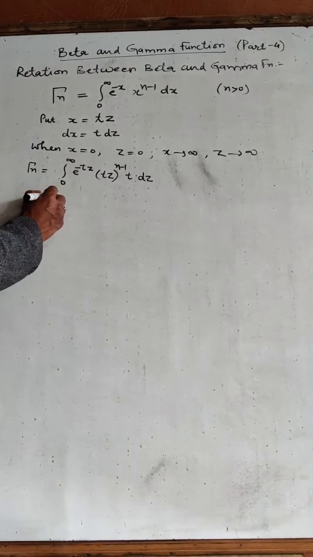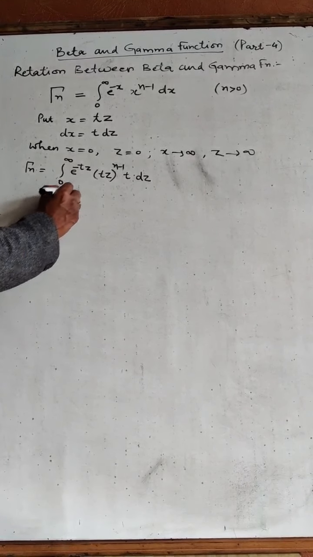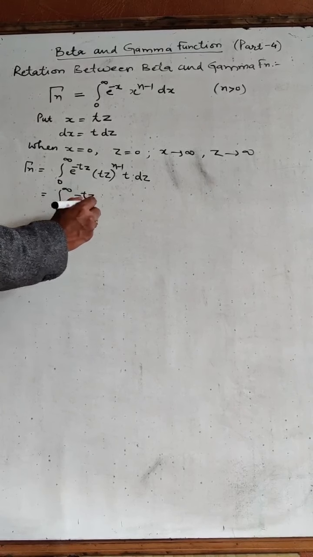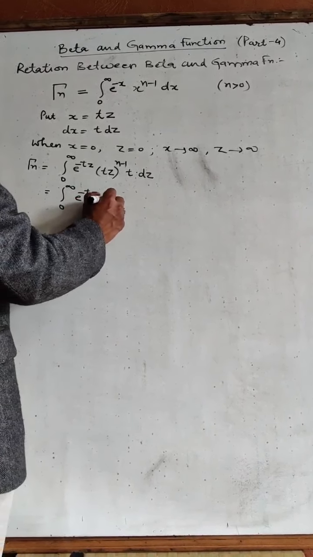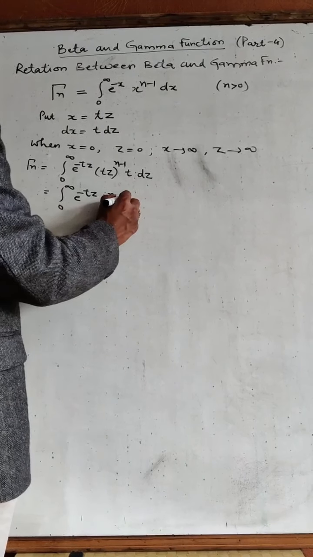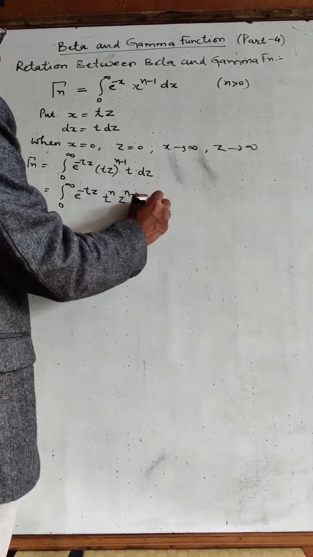Now it can be simplified as the integral from 0 to infinity of e raised to the power minus t z, t raised to the power n, z raised to the power n minus 1 dz.